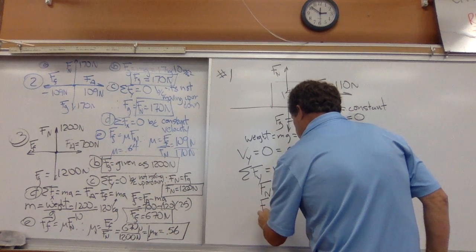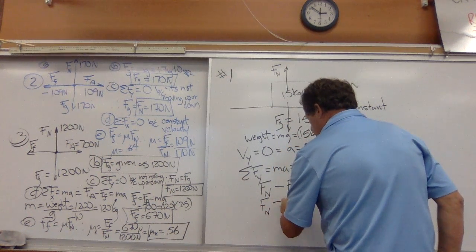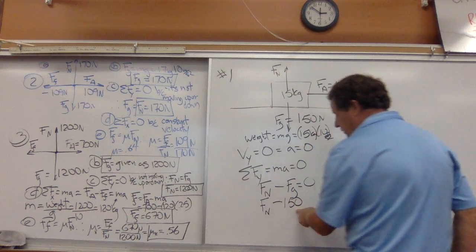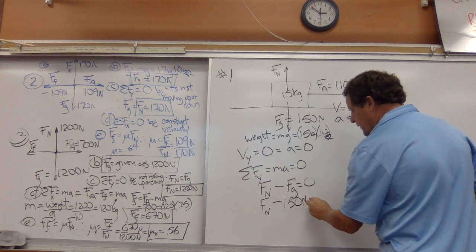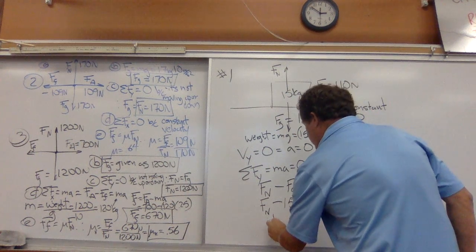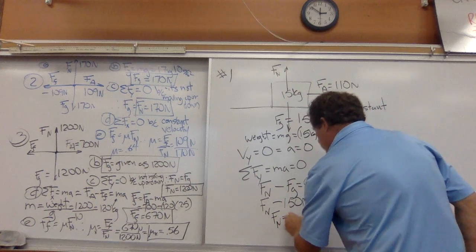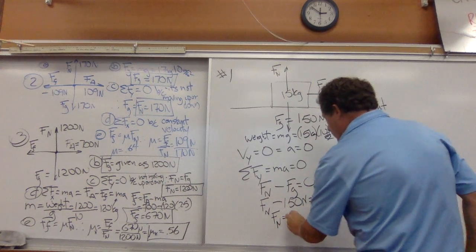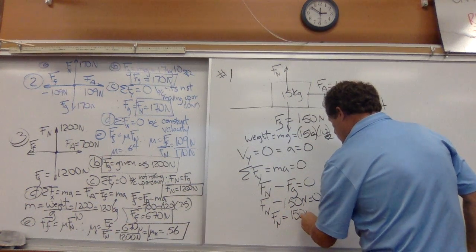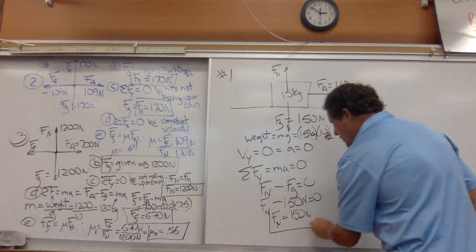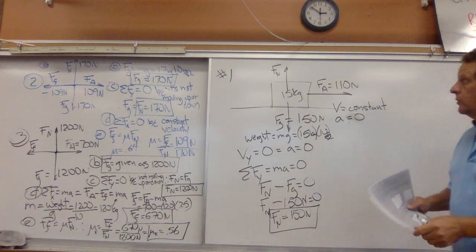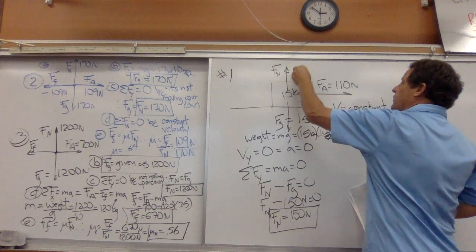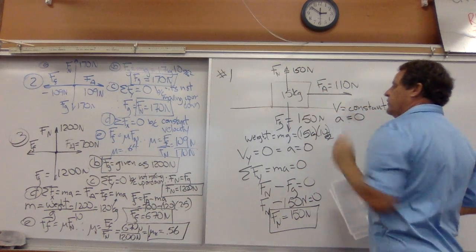We have the normal force minus the force of gravity, which we know is 150, and therefore the normal force, we're going to add 150 to both sides, is going to be 150 newtons. Okay, so our normal force is 150 newtons.